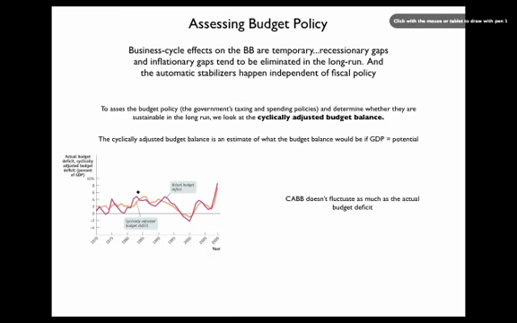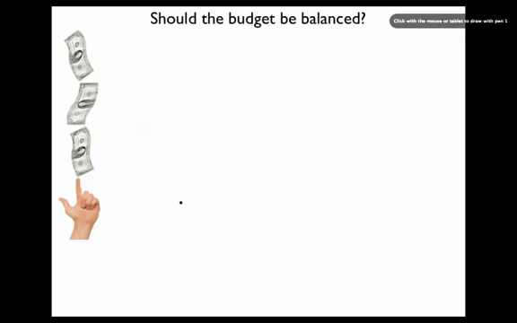The good thing about the cyclically adjusted budget balance is that it doesn't fluctuate as much as the actual budget deficit, so it gives us a better sense of long-term taxing and spending policies to see whether over the long term they're actually sustainable.